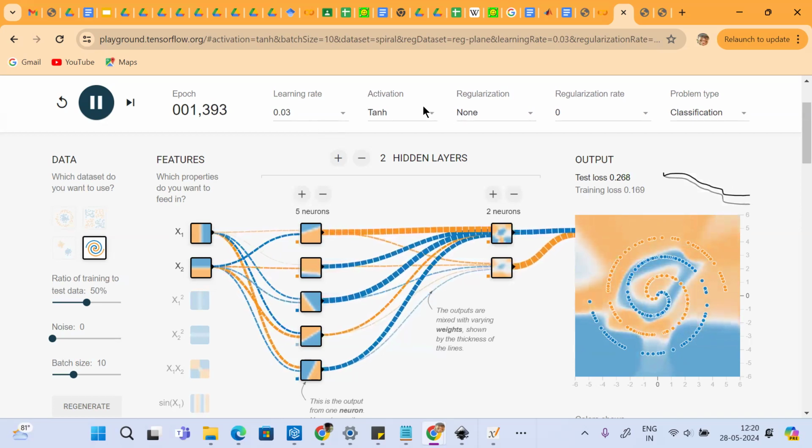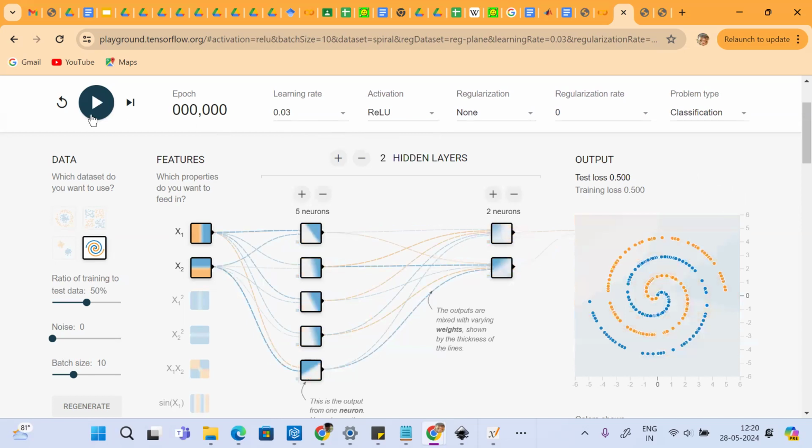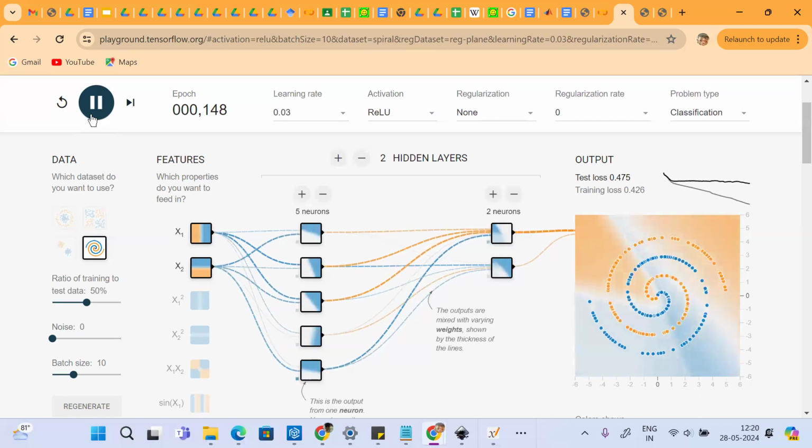Tanh, so what should we take, ReLU? ReLU is just made of straight lines, so we can't think how straight lines can fit into this. How to do this classification? I want to know from you in the next class.